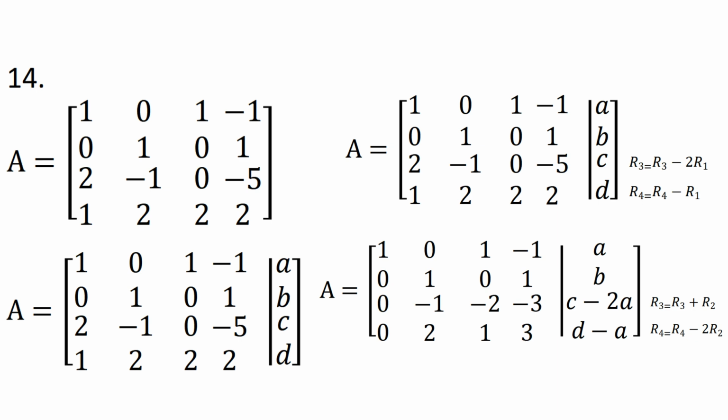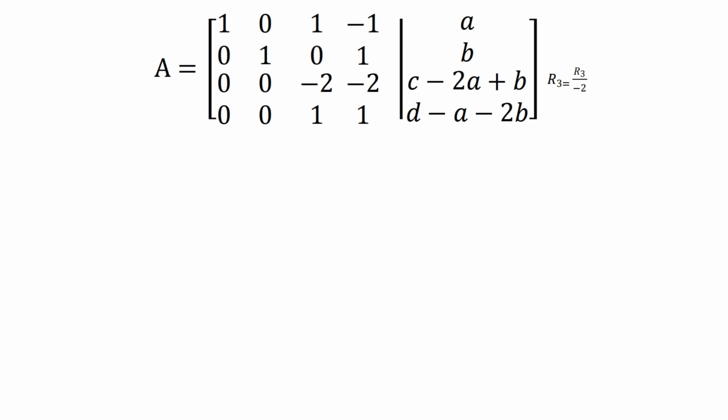So now we are going to add row 3 to row 2 so that below our leading 1 will become 0, and subtract row 4 by 2 times row 2. So our new matrix, we have A is equal to: column 1, we have 1, 0, 0, and 0. Column 2, we have 0, 1, 0, and 0.